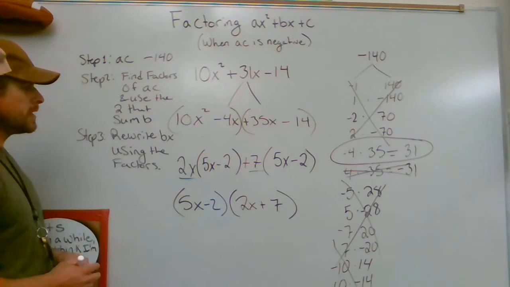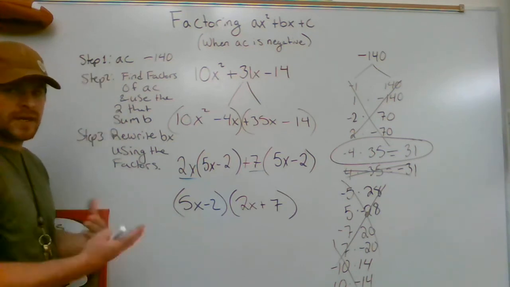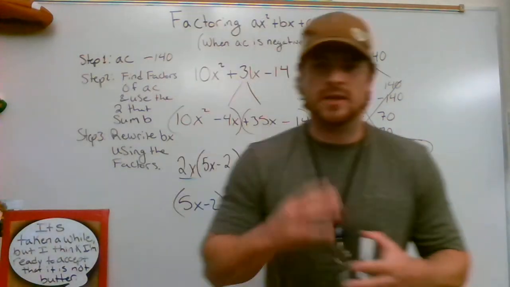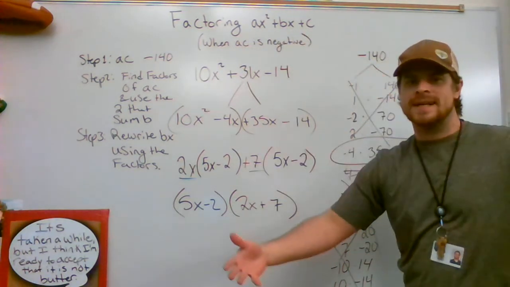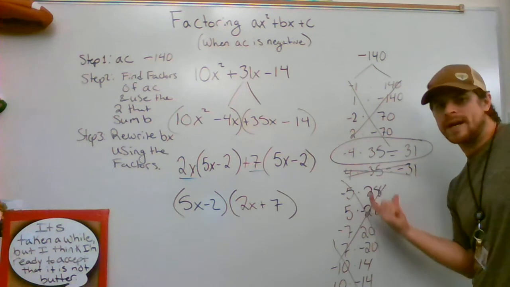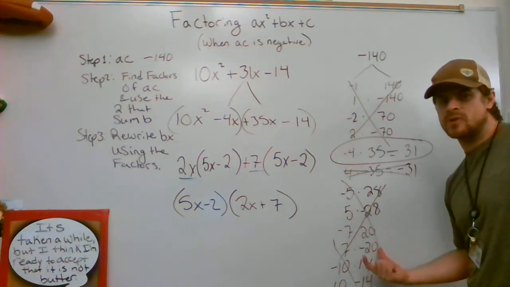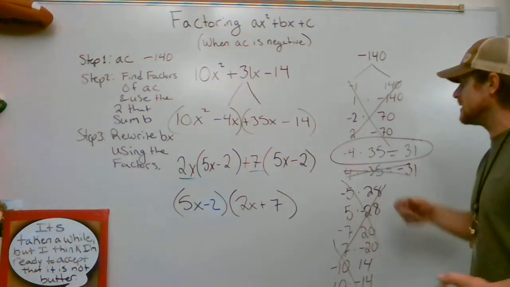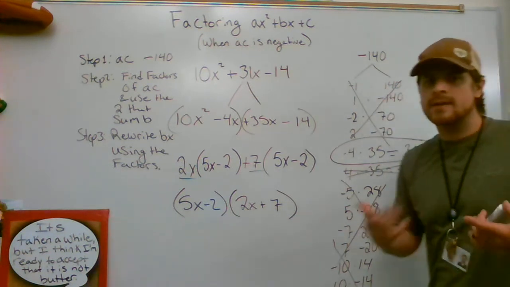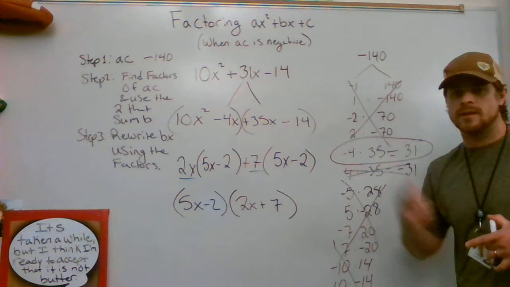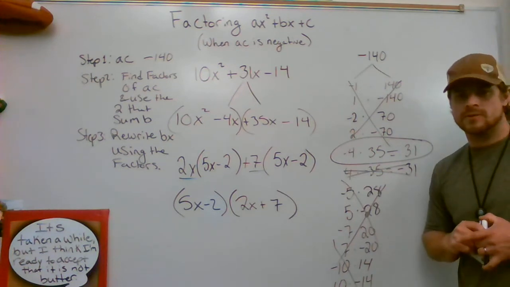A lot going on here. Follow the steps. It's very similar to the previous video that I posted where everything up here would be positive. Same type of idea, except here you're going to be listing quite a few more factors because you have to list the positive and the negative of each. Negative 1 times 140 and 1 times negative 140.